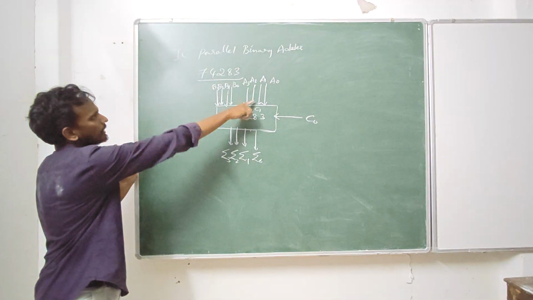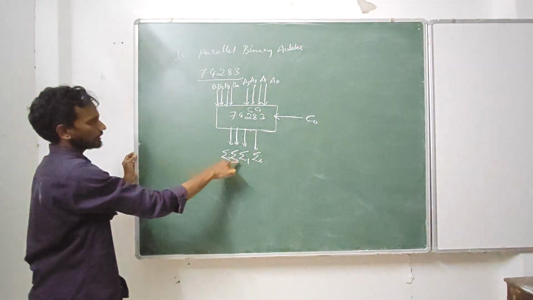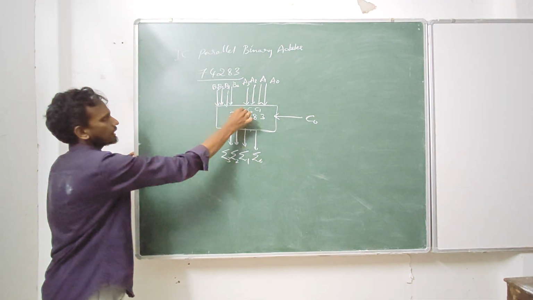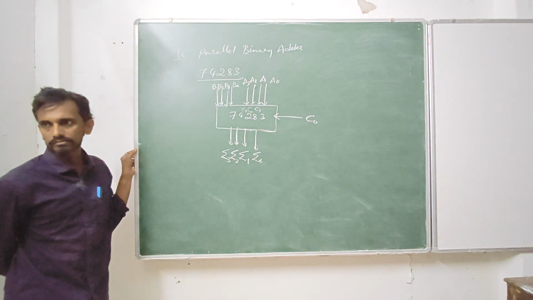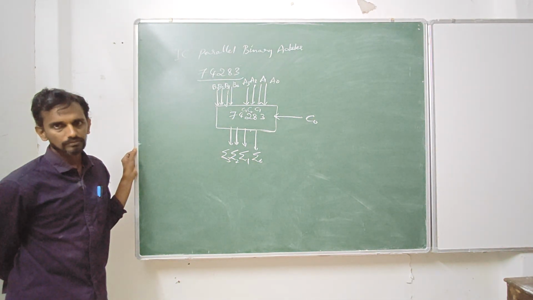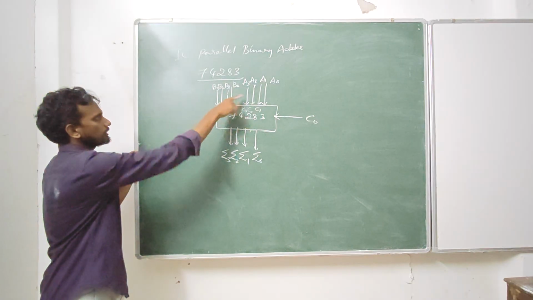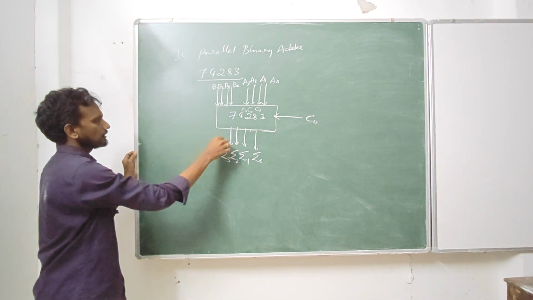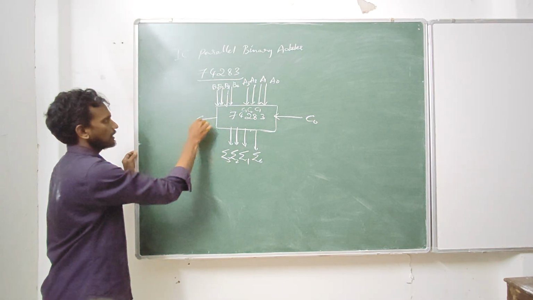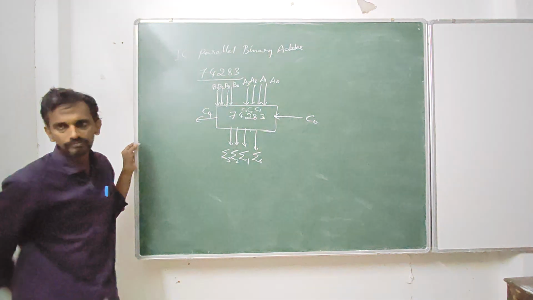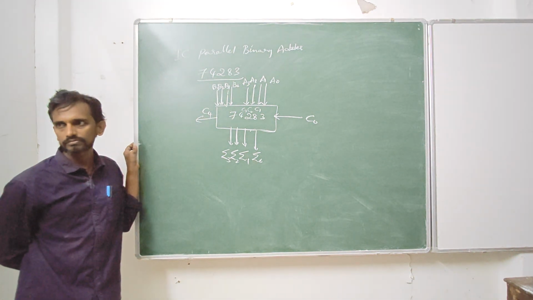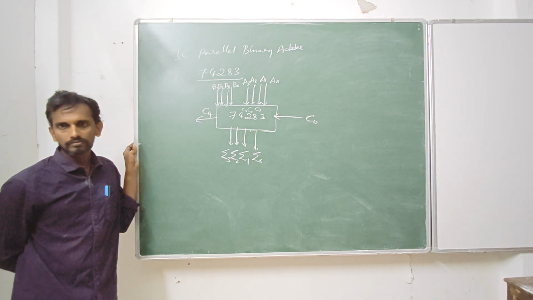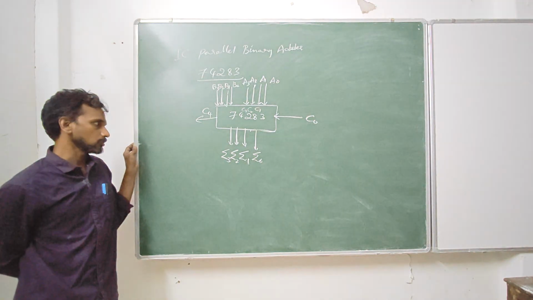Okay, so then A2, B2 and C2 will give you sum 2 and carry 3. And when you add A3, B3 and C3, we will get sum 3 and carry 4. Carry 4 will come as output.